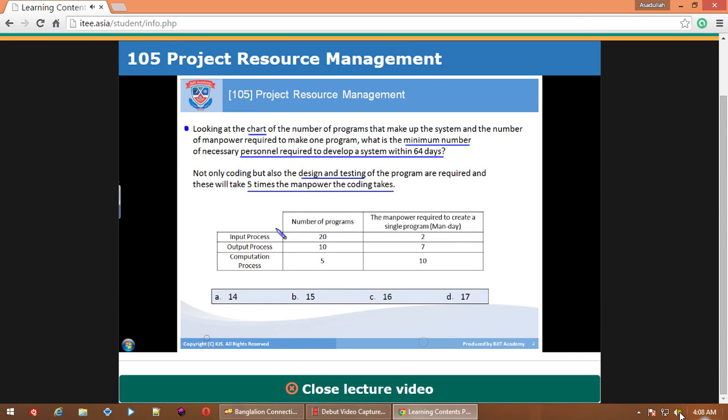That is, how many programs are there in this system, and to develop one program, what manpower is needed, also provided. The unit of manpower is given in man day.